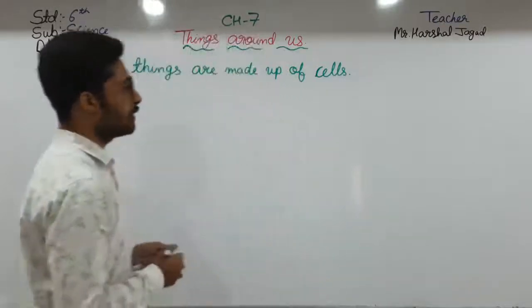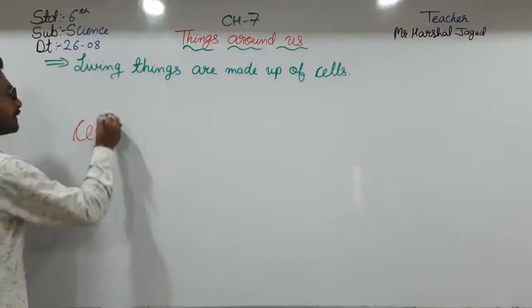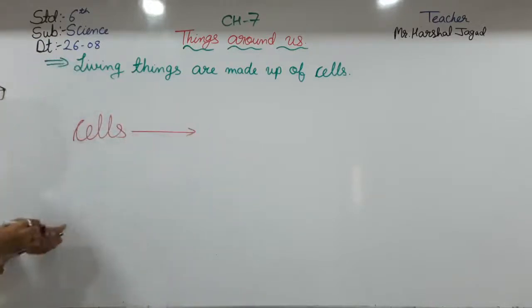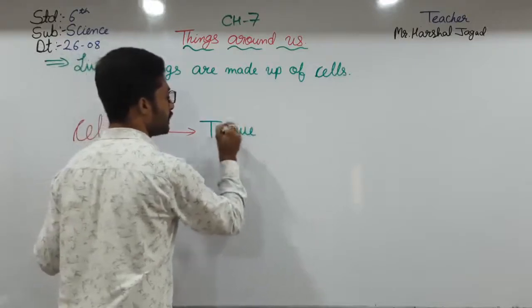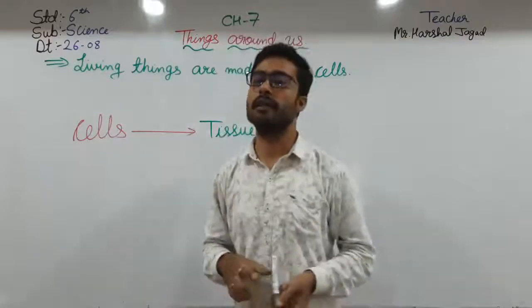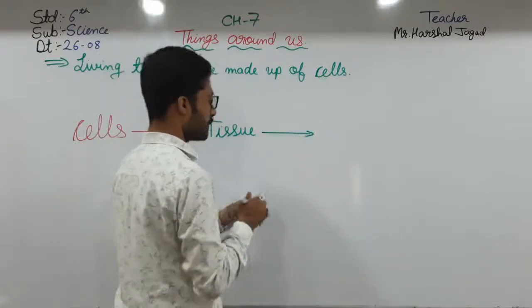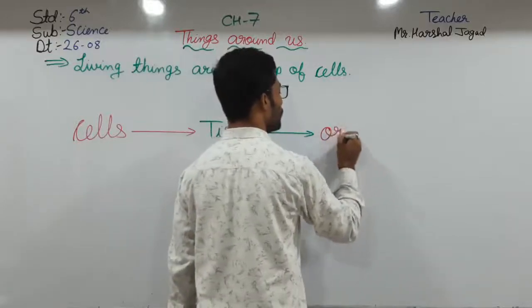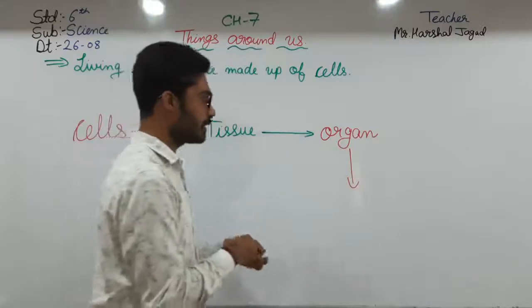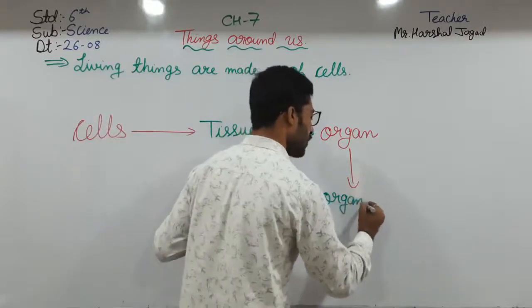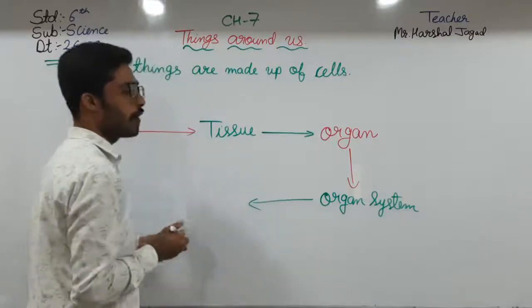Similar structural and functional cells together form a tissue, and this tissue forms an organ. These organs further form an organ system, and the organ systems form an organism.